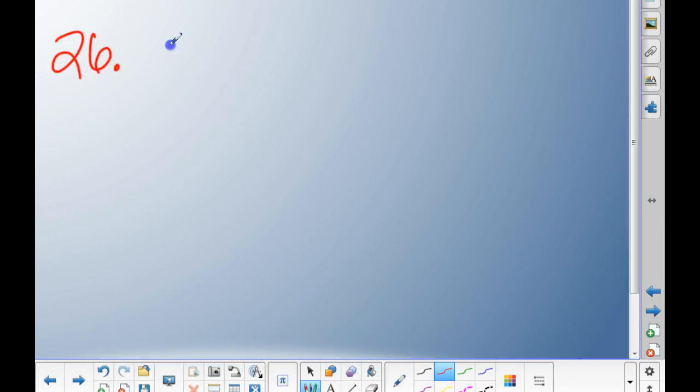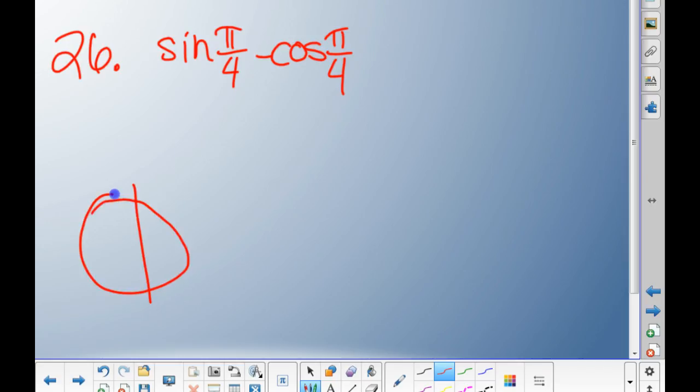Does it say sine pi over 4 minus cosine pi over 4? Okay, you get to use a unit circle. It's on 11B. So honestly, do you remember how to use the unit circle?